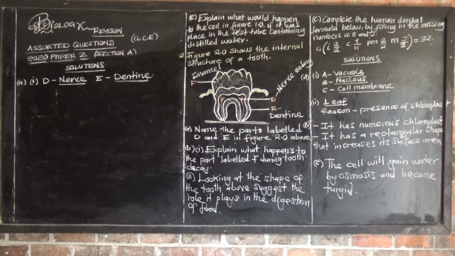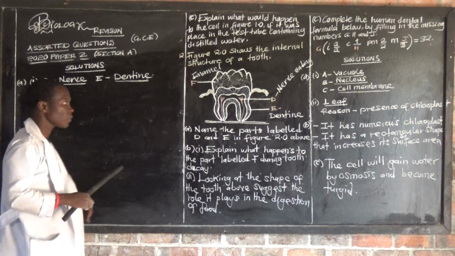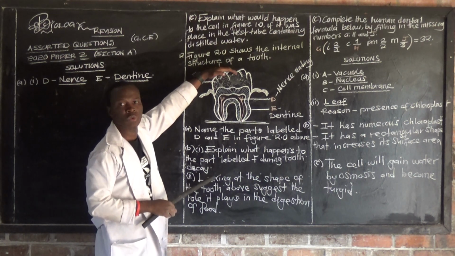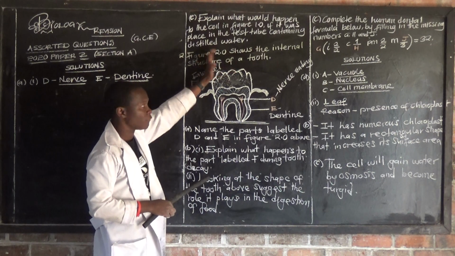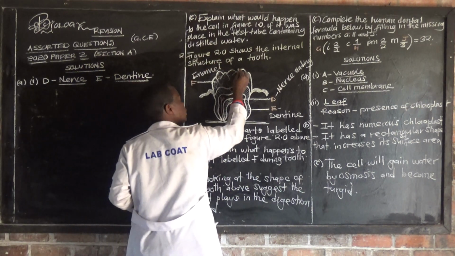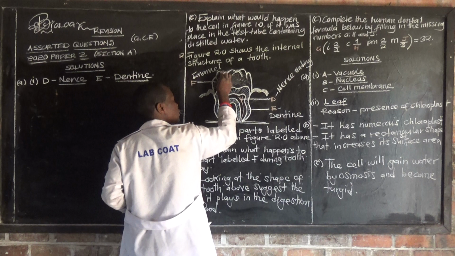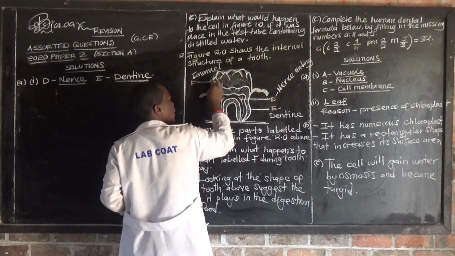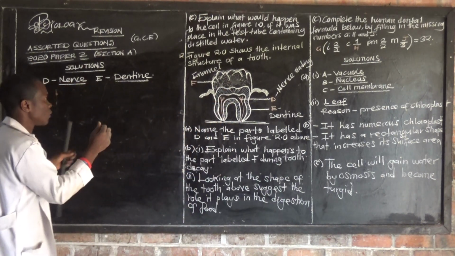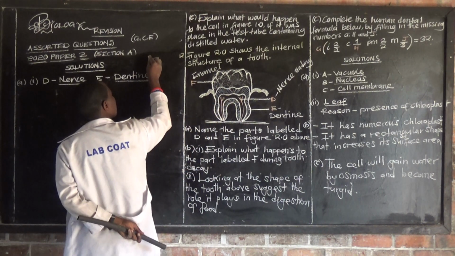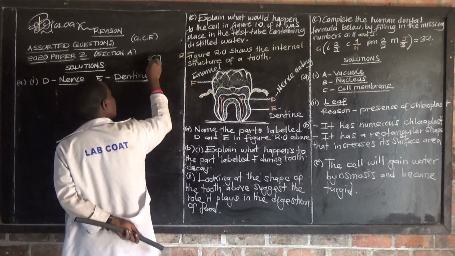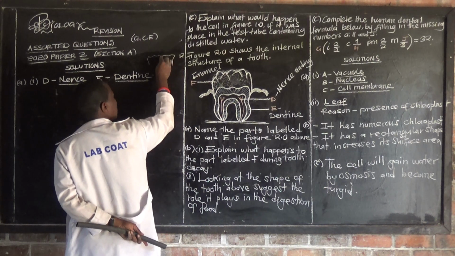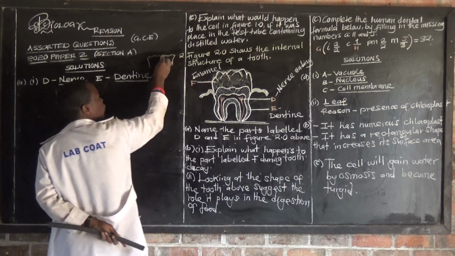So now, during tooth decay, what happens is, let's say on the surface of this enamel we have got food particles which remain. Let's say we have a tooth like this, another tooth like this, and in between these two we have food particles.